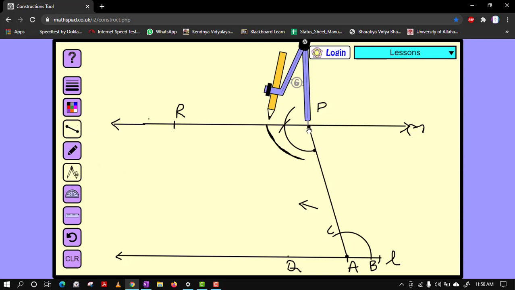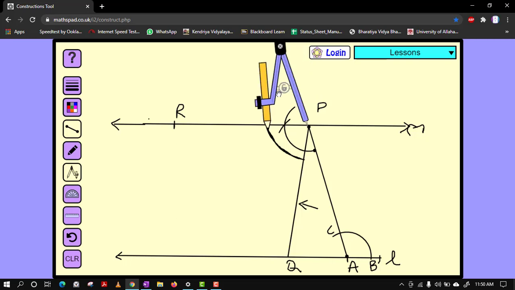I could make it again like this cross line. So our motive is to make this angle. Okay, so let's see how. Same procedure we will follow. First we will take an arc like this, lock it and make an arc like this.